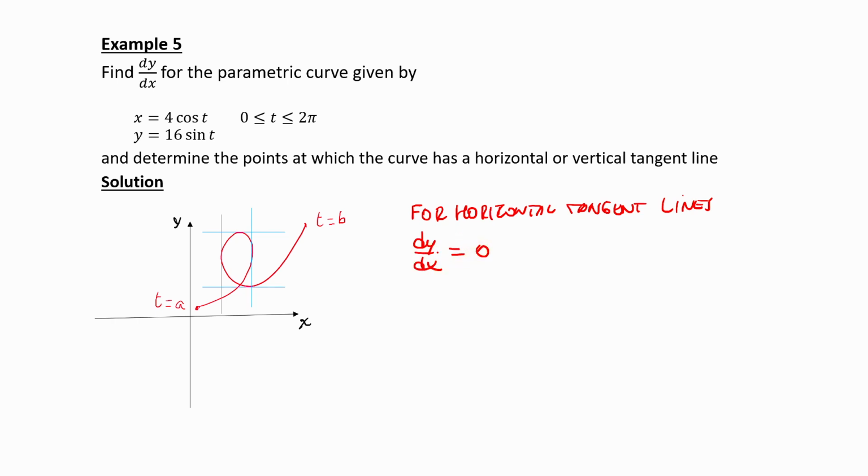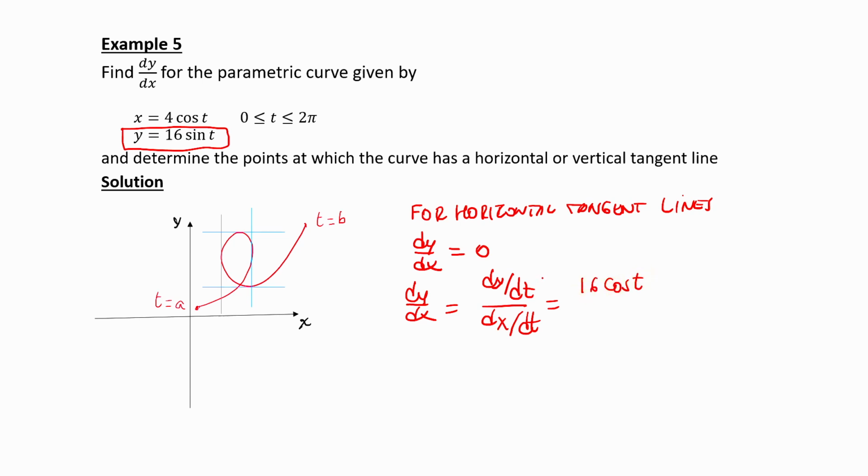So let's find dy/dx first. dy/dx will be equal to dy/dt over dx/dt. Now we have y here, so dy/dt will be 16 times the derivative of sine of t, and that is cosine of t.